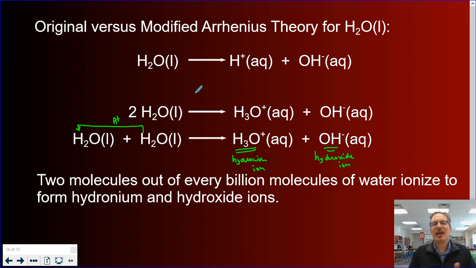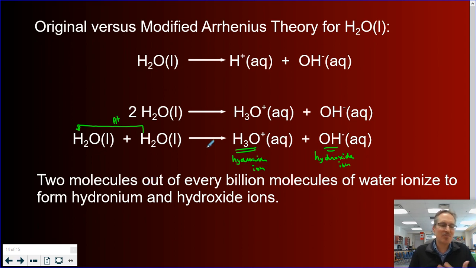So instead of saying, hey, water is made up of hydrogen and hydroxide, remember, in a bucket, we have millions of molecules of water. And if they bump or rub or touch in the appropriate way, then the proton is going to move and we're going to end up with hydronium ions and hydroxide ions. Now, to make you feel better, yes, 2 molecules out of every billion molecules of water go through this.